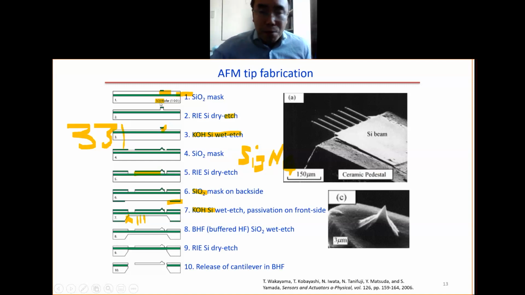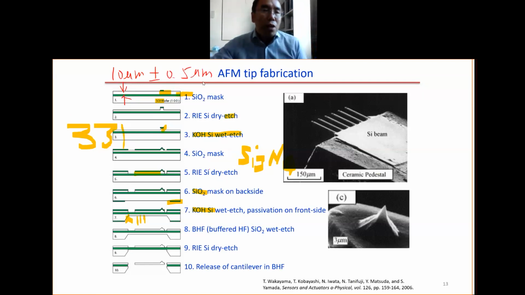For instance, you want the top silicon layer to be 10 micrometer thick. But in reality, you never get exactly 10 micrometer. You get 10 plus minus 0.5 micron.